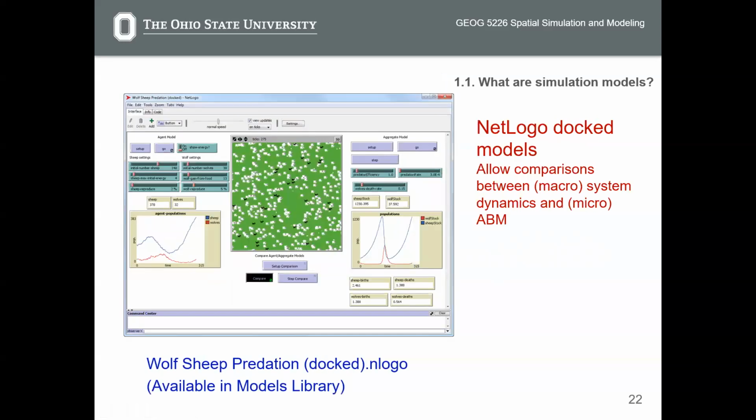So there is another model in NetLogo showing the same relationship between wolves and sheep at a higher level using a systems dynamics model. This model is called wolf-sheep predation dock. On the left side, we have the micro level agent-based model. On the right side, that's the macro level model, which doesn't care about each individual, it cares about the population of wolves and sheep.